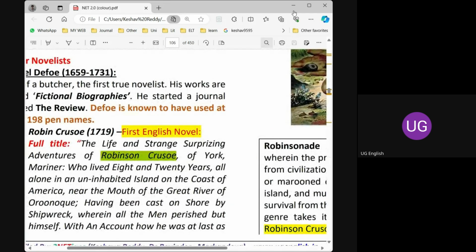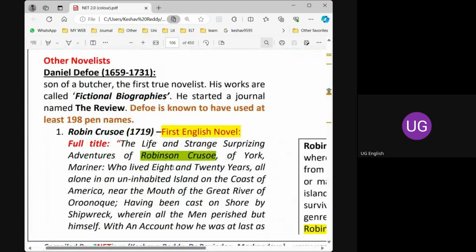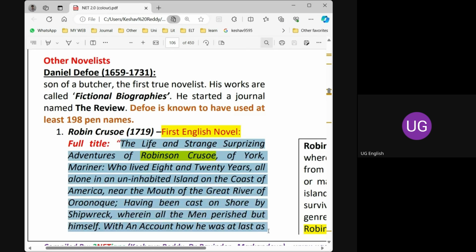Yeah, for example, you see this term Robinson Crusoe is the name of the novel, and I told you this is treated as the first English novel. The actual or full title of the novel is this one: The Life and Strange Surprising Adventures of Robinson Crusoe of York, a mariner.